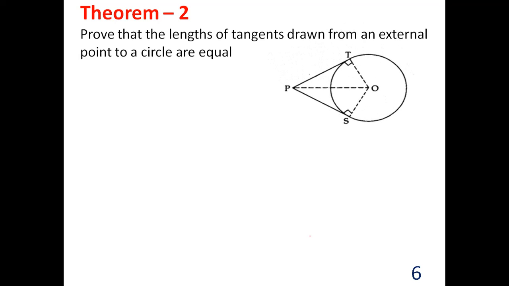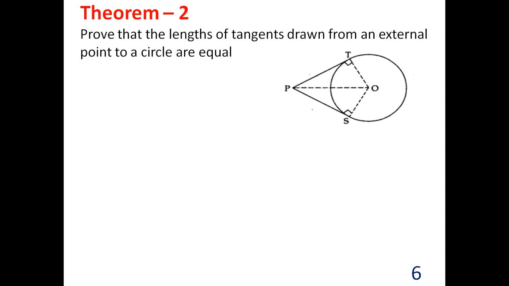Let us take a circle with center O and a point P outside, the external point, that is outside the circle, and we have two tangents. Now T and S are the points of contact. Therefore PT and PS are the lengths of tangents. We have to prove that PT equal to PS.